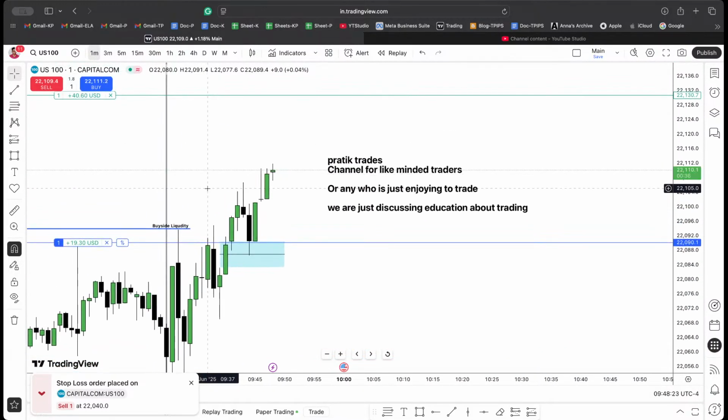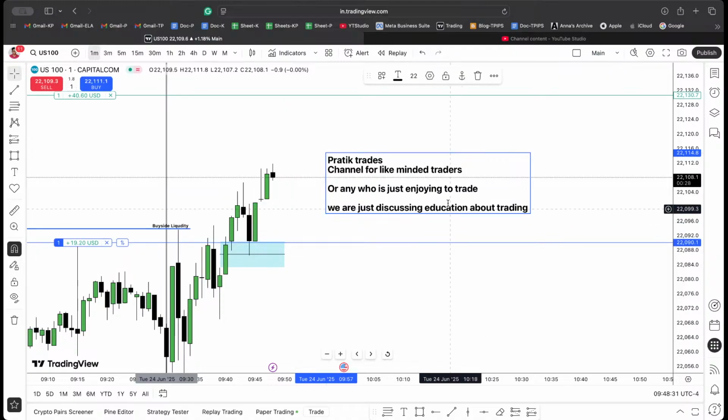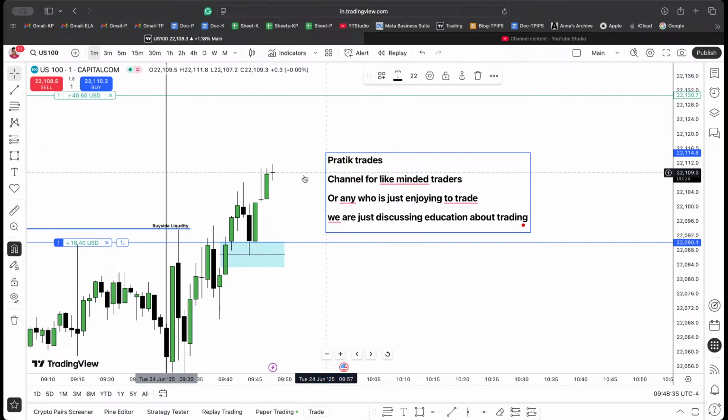By the way, this is a $10,000 demo account from the TradingView paper trading. You can also get one and try to trade for yourself. So right now I'm using the capital.com server as the brokering service for monitoring the price.